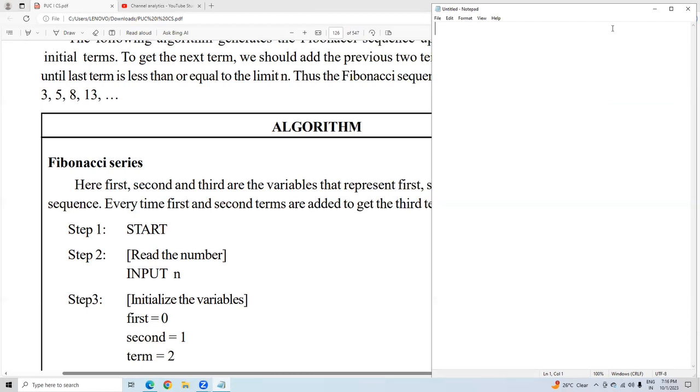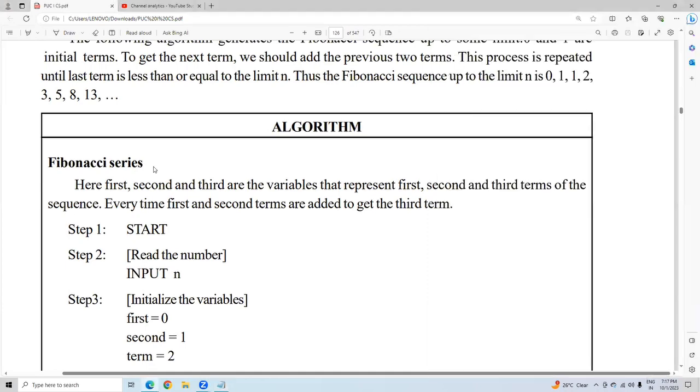That is very important. In the Fibonacci series, there will be two numbers initially, 0 and 1. If you add these two, you'll get the next one. If you add these two, you'll get the next one. Again, you add, you'll get the next one. So like this, it continues. If I consider the starting number as A, the ending number as B, right?